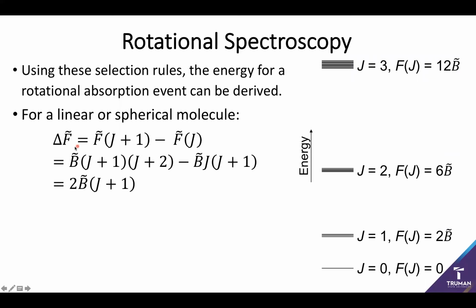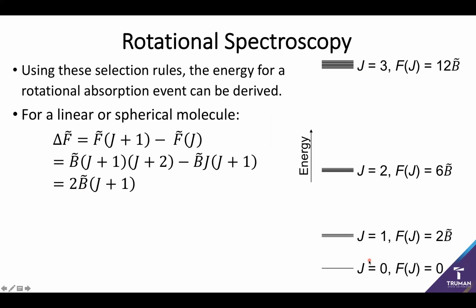We can do this by simply taking the difference of our J values: our ending J plus 1 minus our initial J, which is J. We substitute in our rotational constant, and when we simplify, we find that the change in the rotational energy of the system will be twice our rotational constant times our initial starting quantum number plus 1.